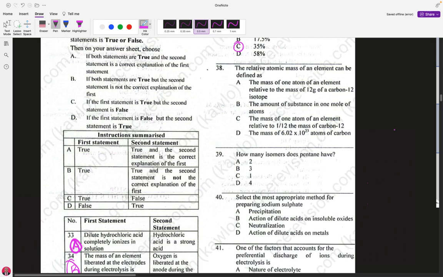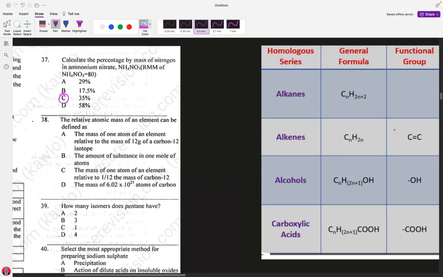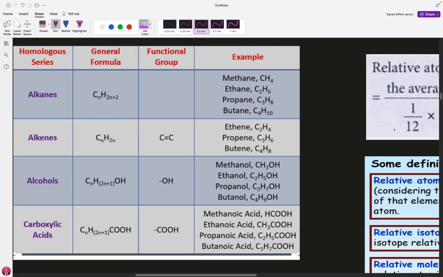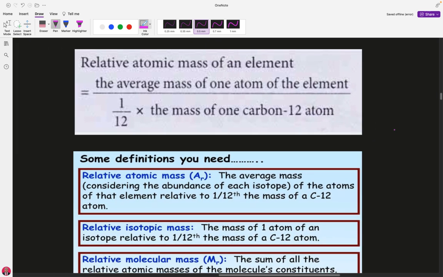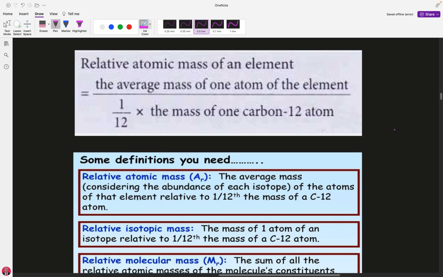If we look at it, you will really know how to define the relative atomic mass when you get to high school. There, it is defined as the average mass of the atoms of that element relative to 1/12 the mass of a carbon-12 atom.